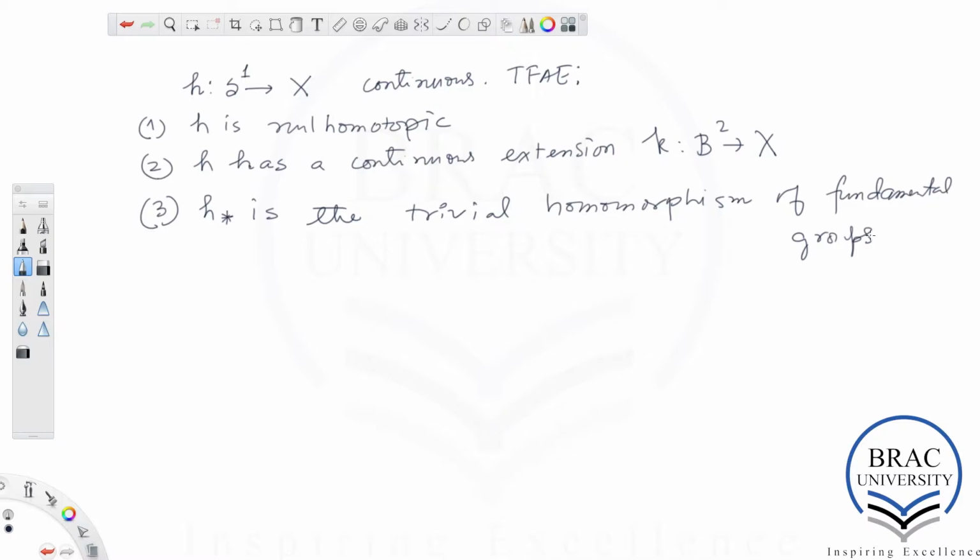Now we have a corollary to this second lemma. Let me state the corollary, then I'll prove it.